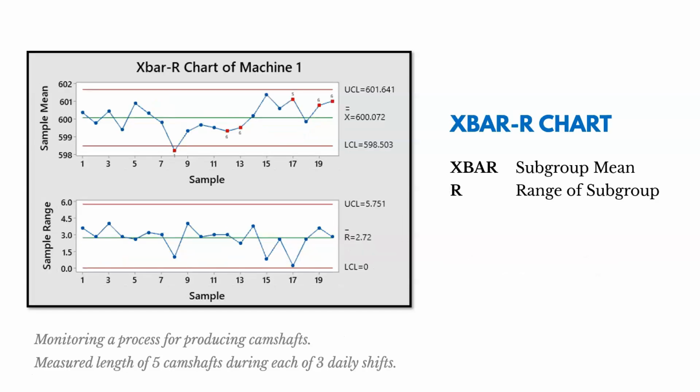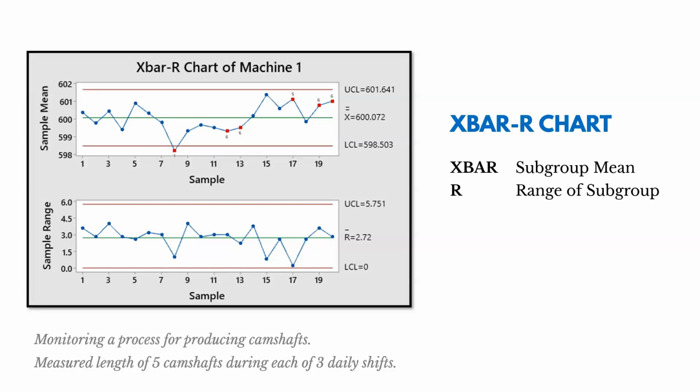And then we've got the X bar R chart. So on the top, instead of showing us individual values, it's showing us the average of a subgroup, because in this case, production is higher and we can't put every point on the chart. And on the bottom, it's showing us the range of the subgroup. So here's the example. We're monitoring a process for producing camshafts, if we make parts for cars.